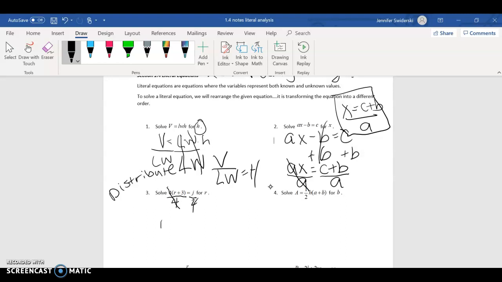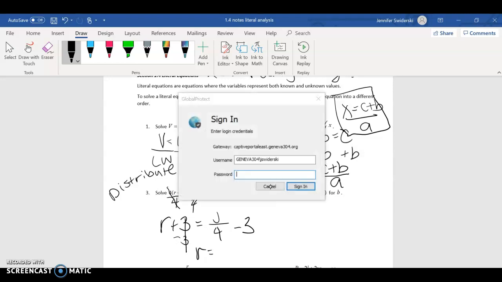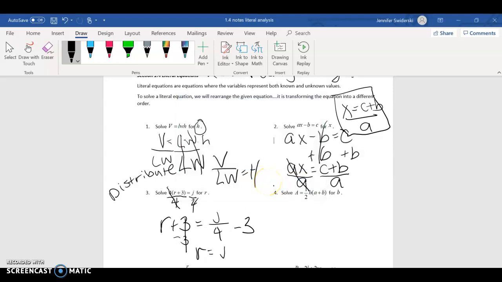So I would get R plus 3 is equal to J over 4. To get R by itself, instead of adding 3, I'm going to subtract 3. So R is equal to J over 4 minus 3. Final answer.